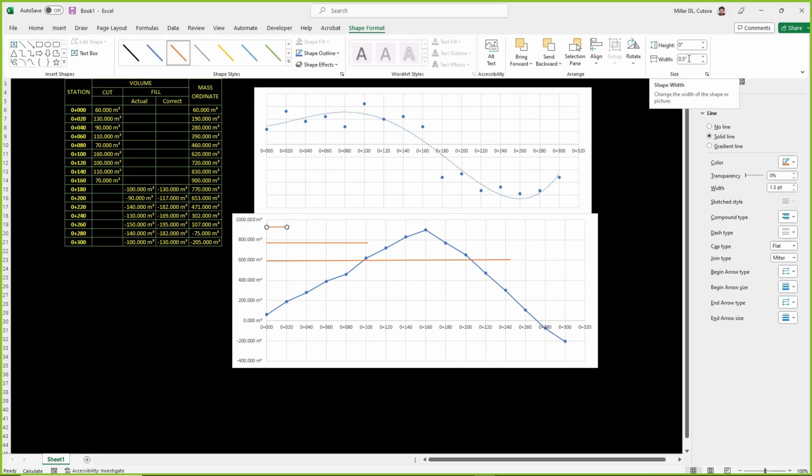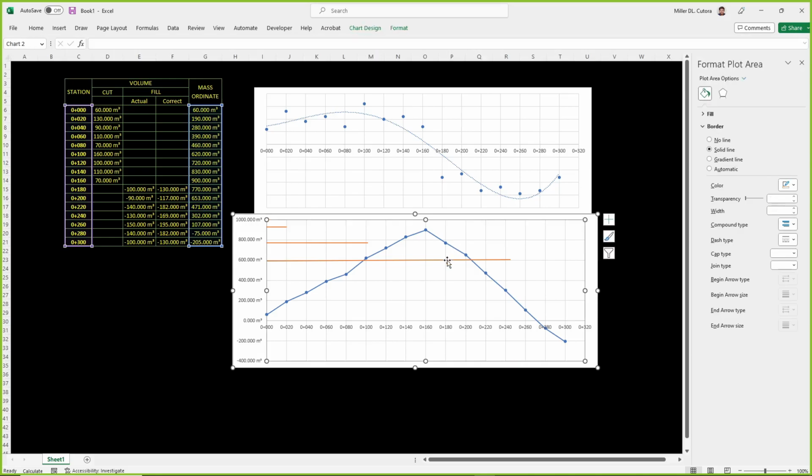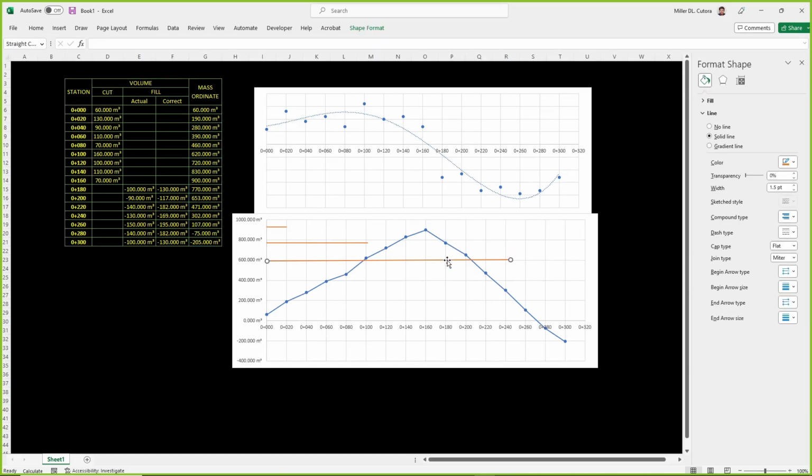If every 20 meters is 0.5, then 100 divided by 20 times 0.5 is 2.5. Then next is 250 divided by 20 times 0.5, 6.25.